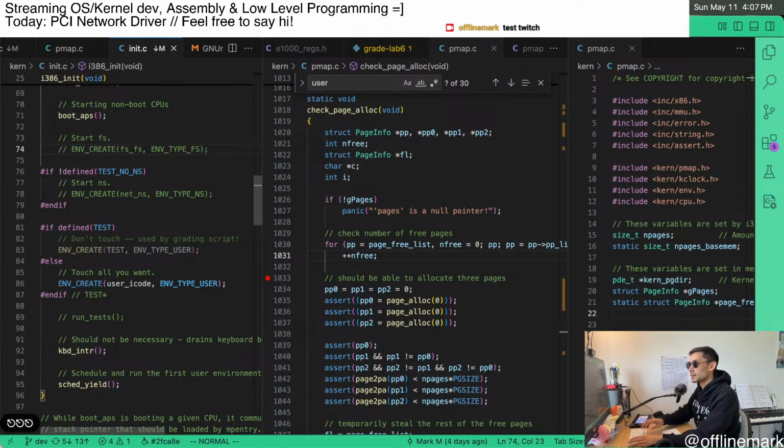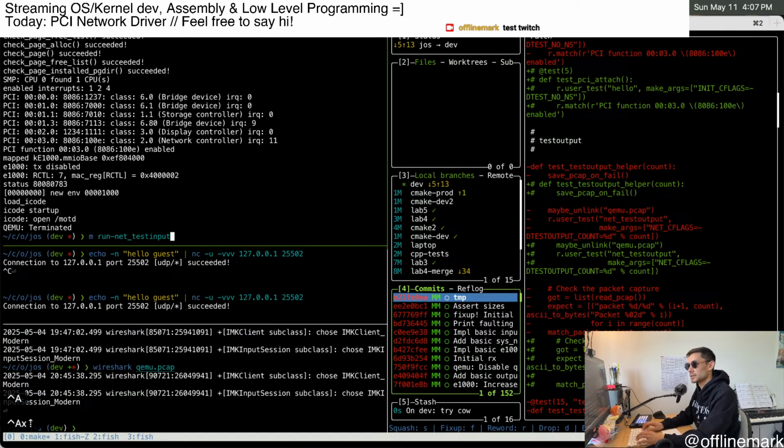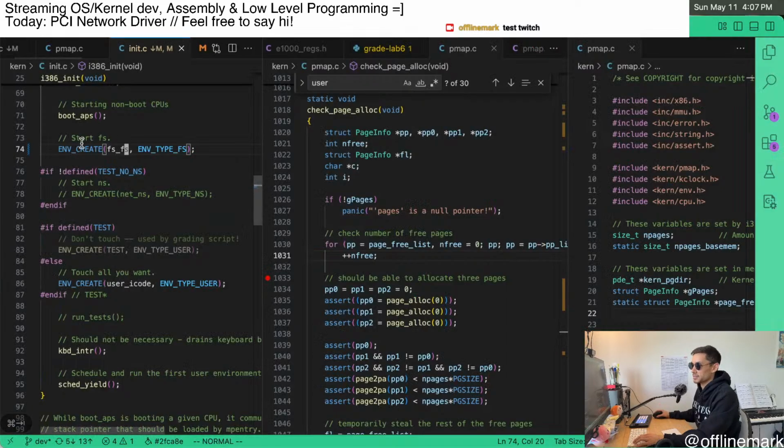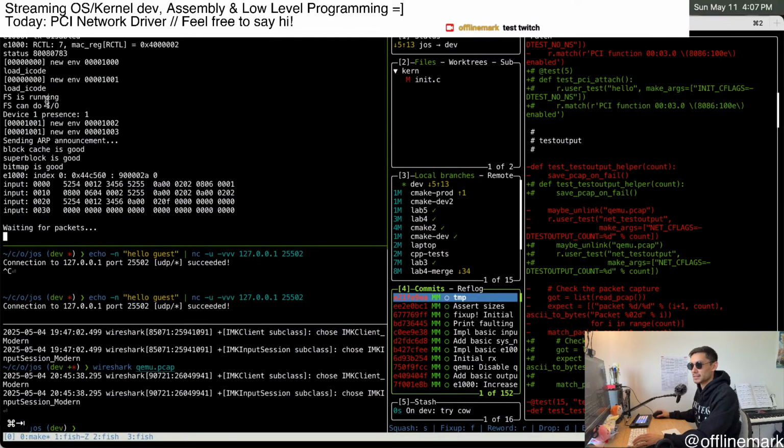I think the file system. Yes, okay. If this file system thing is not active, then it hangs there.